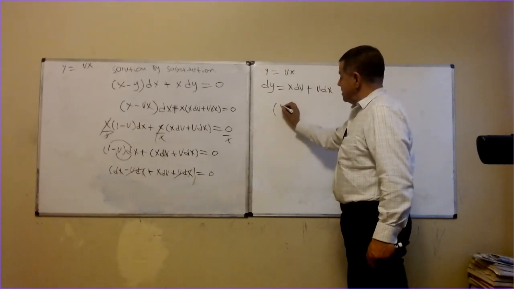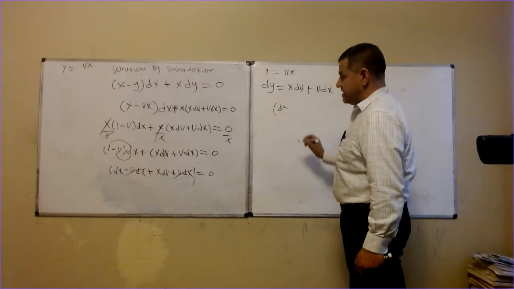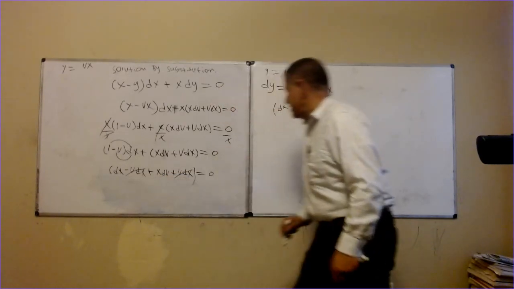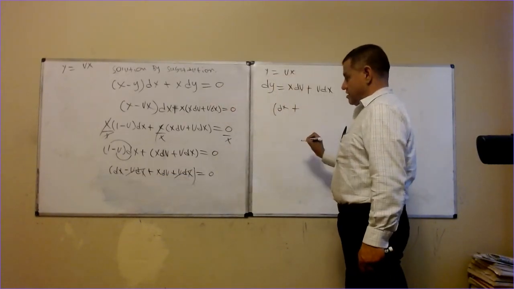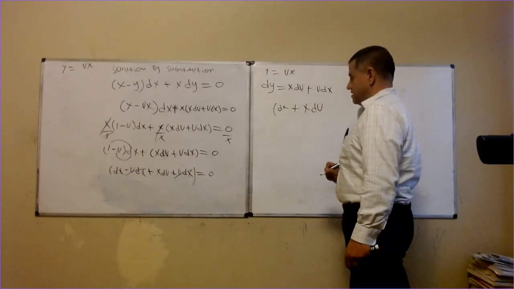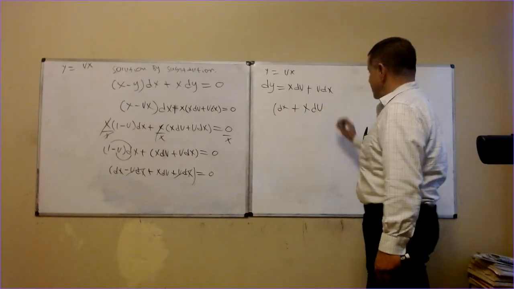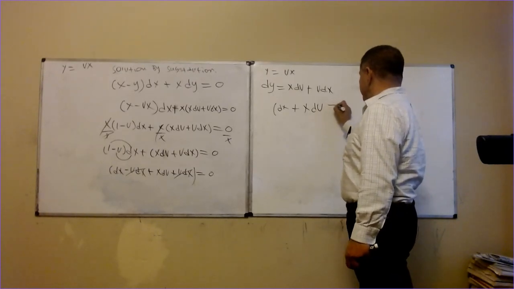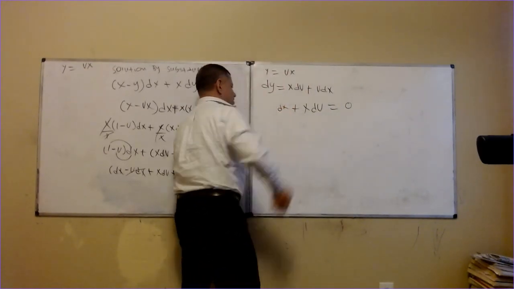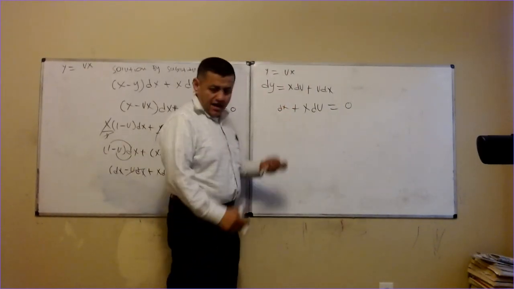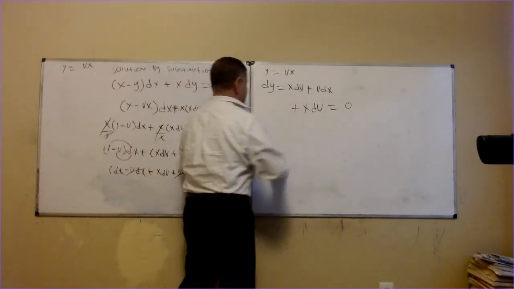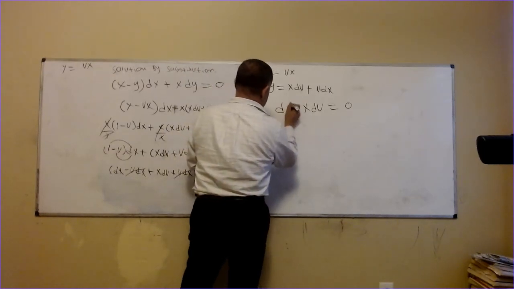So I have a dx, and then I have that, so plus x dv, is equal to 0. I don't have to put parentheses there. Now, as you can see, this is getting there. So dx.